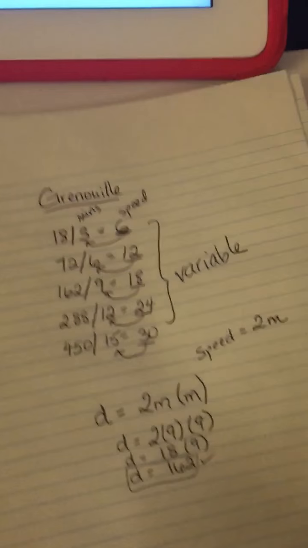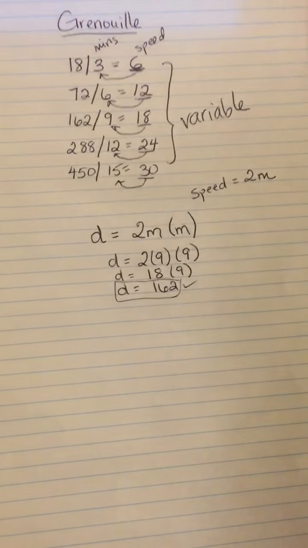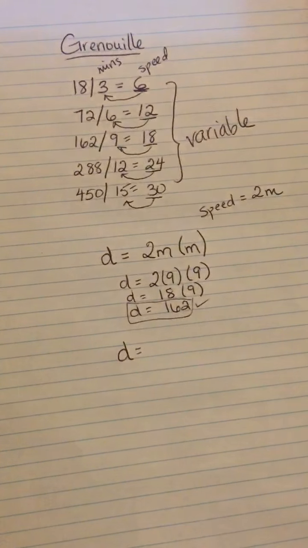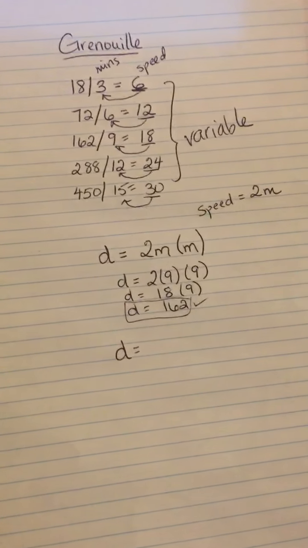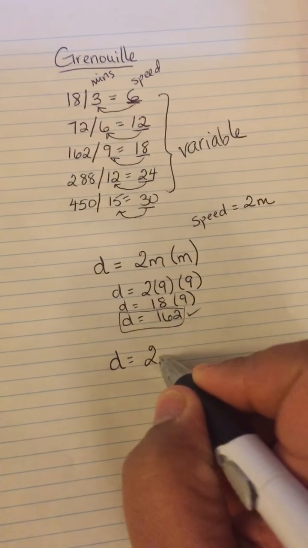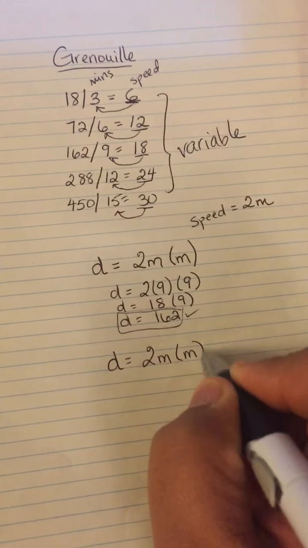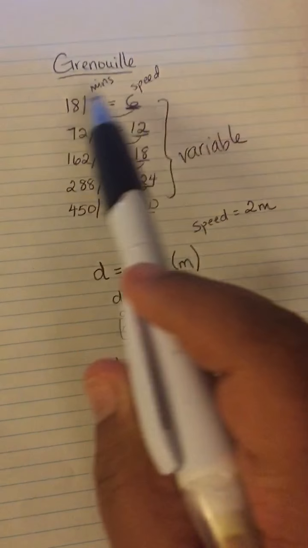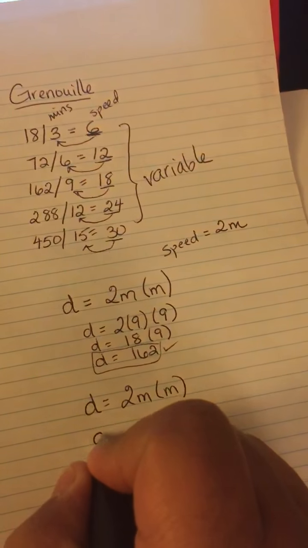So now that I know that I have the right expression, I can go ahead and solve for how far he'll have run over his 30 minutes. So again, using that same expression, 2m times m. This time, I'm not plugging in something I know. I'm plugging in the question, which says half an hour. Half an hour is 30 minutes.